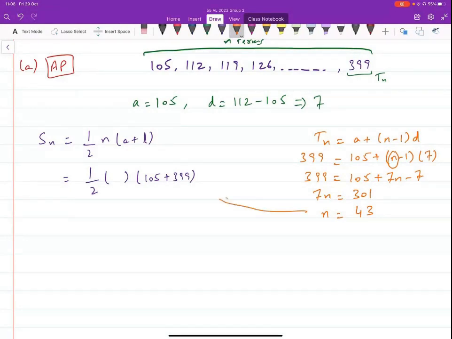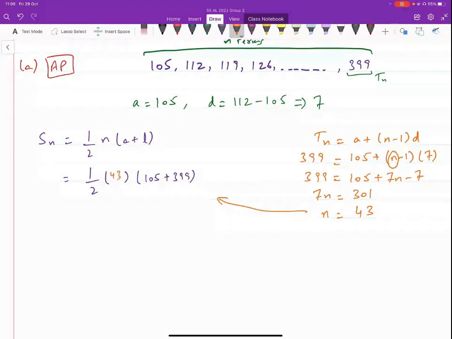What we do now is we input this there and the other formula. So this is going to be 43. And now we just evaluate this and get the value of the sum. Okay, so we are basically looking for the sum of the 43 terms in that sequence. So what does this turn out to be?